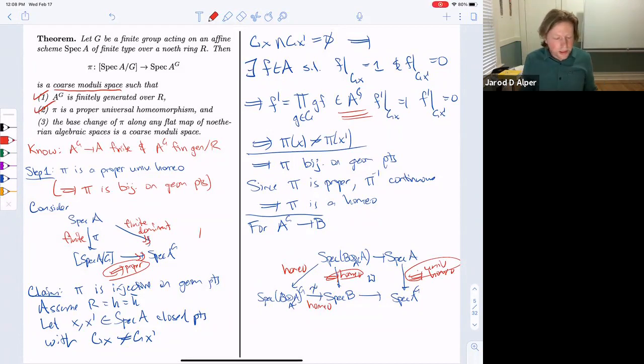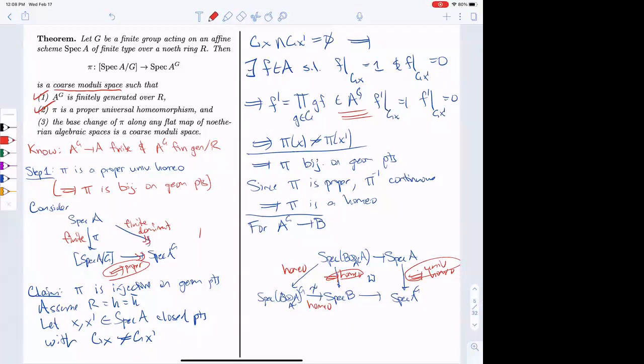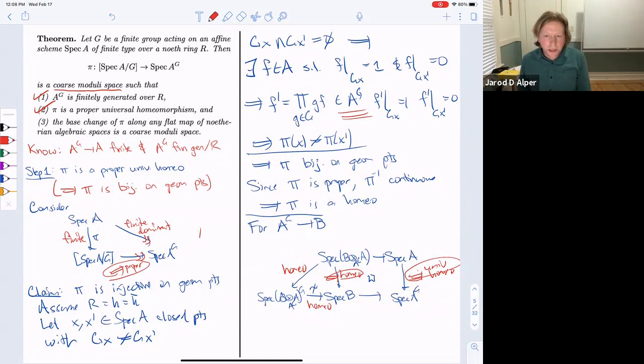Any questions before I move on to the next part of the proof? Yes, but how do you know that pi is bijective? I mean, it is surjective, but on geometric points, right? Yeah, I showed it's injective on geometric points.